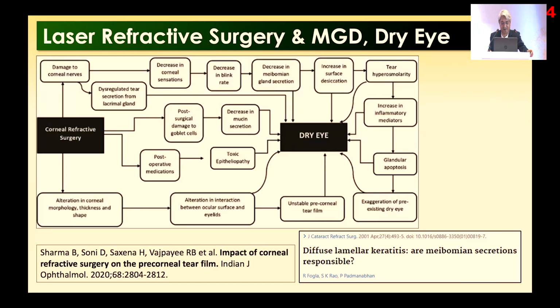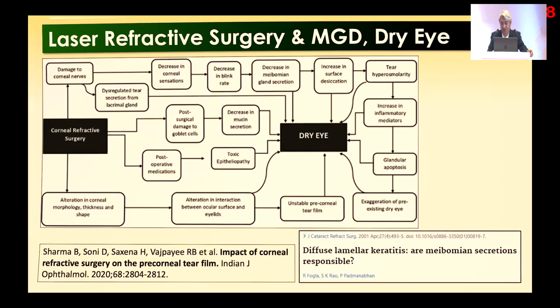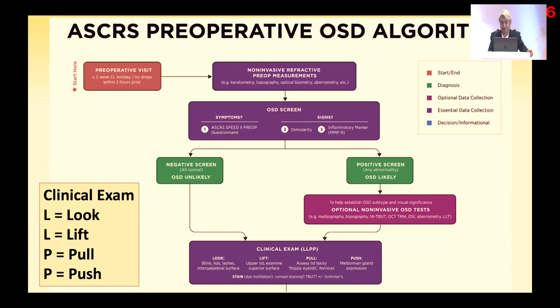This is a busy chart, and there is actually an algorithm. Then you have the ASCRS preoperative OSD algorithm. As they always say, the acronym is LLPP: look, lift, pull and push.